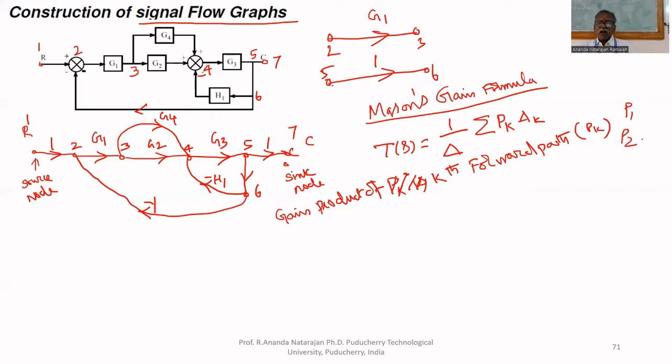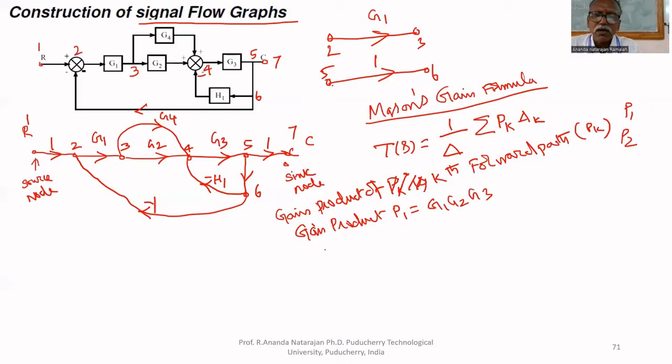The gain product of the first forward path P1 is G1, G2, G3. Whatever the weight there, we have to multiply. That's all.